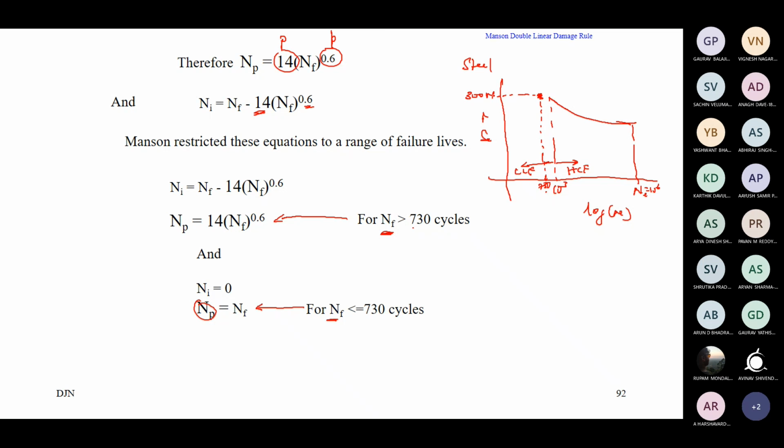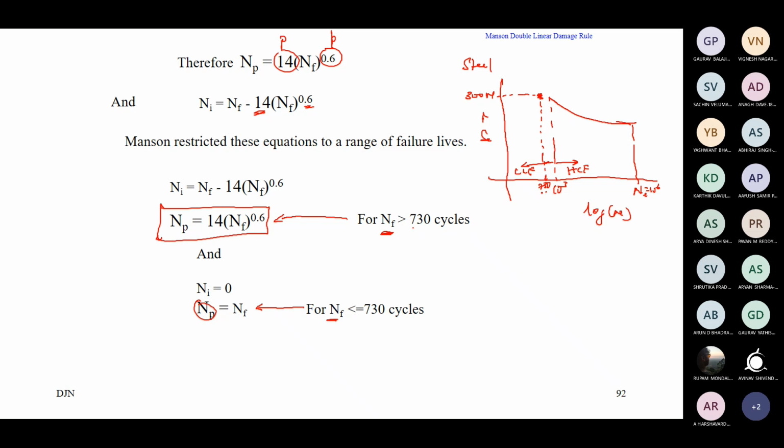The moment you apply 300 Newton, it is well above the yield load. That means the moment you apply the first cycle, a crack has been initiated. There is a crack, so whatever number of cycles there are is only for crack propagation. Therefore, the previous formula is not valid.